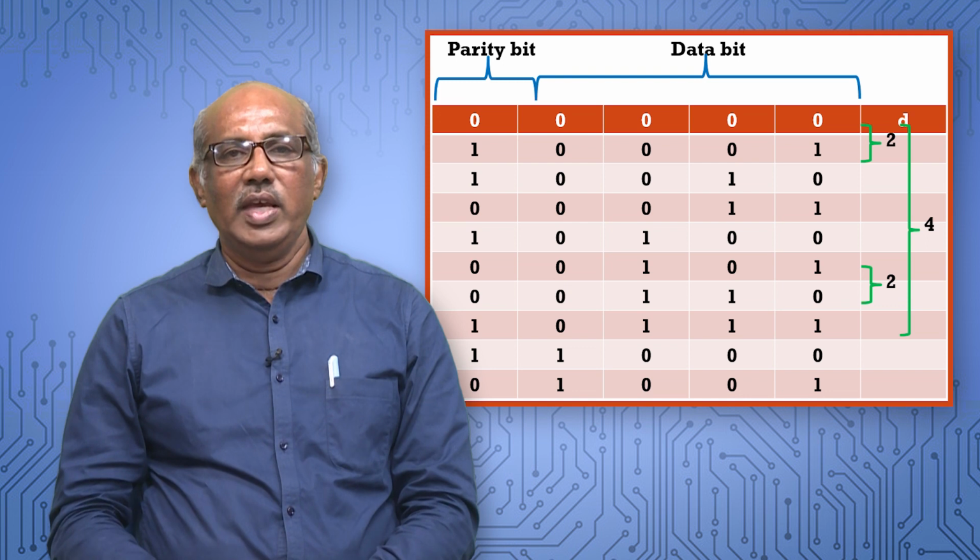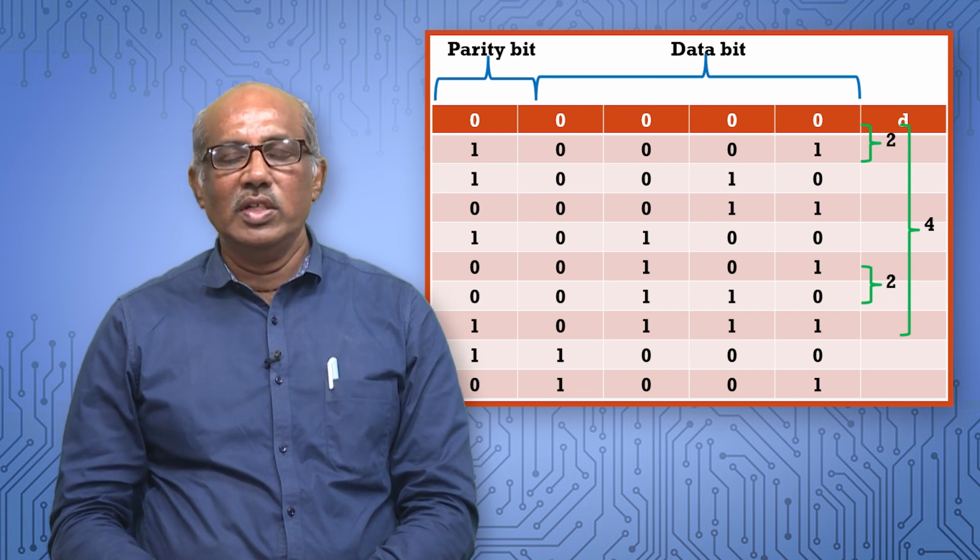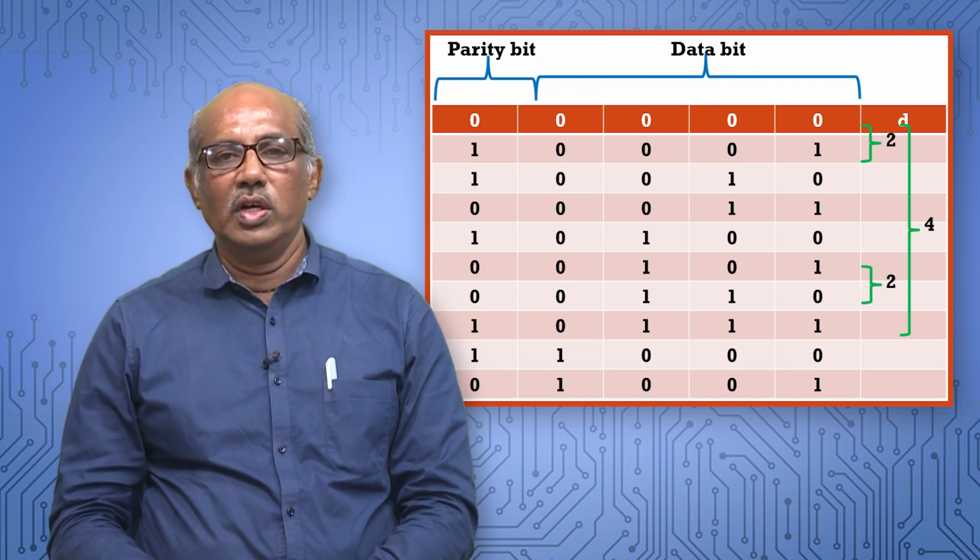You can see an example in this table. The data bits are given for decimal numbers 0 to 9. To make it an even parity, for the decimal number 1, in the parity bit we have added a 1. Similarly, for decimal number 9, how many ones are there? 1, 0, 0, 1. There are 2 ones, that is even. Therefore, in the parity bit we have put 0.